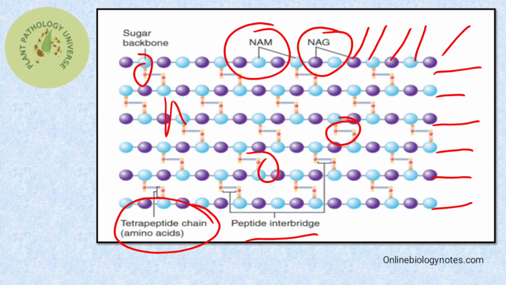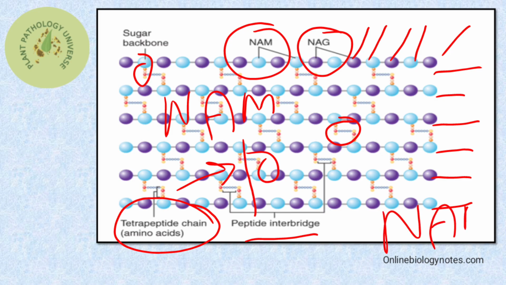That means, let us say we have a NAM here, it has a long chain known as a tetrapeptide chain, and the two NAM units having the two tetrapeptide chains are bound to each other by a pentapeptide interbridge, right?